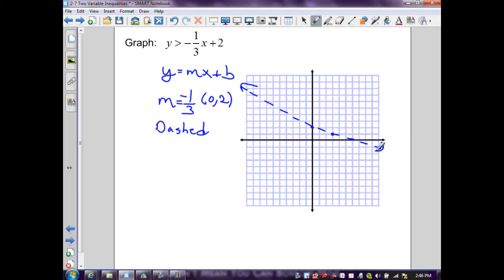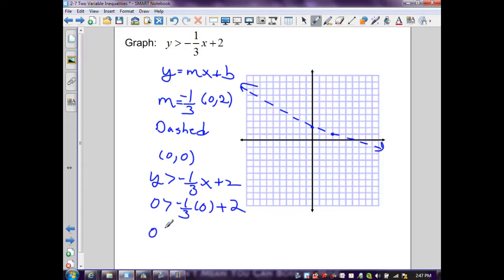Now I select a point on either side of the line. I'm going to select the easiest one, which here is (0, 0). So I selected a point that's not on the line. x is 0, y is 0. When I substitute into negative 1/3 x plus 2, y is 0, I plug in a 0, x is 0, I plug in a 0, plus 2.